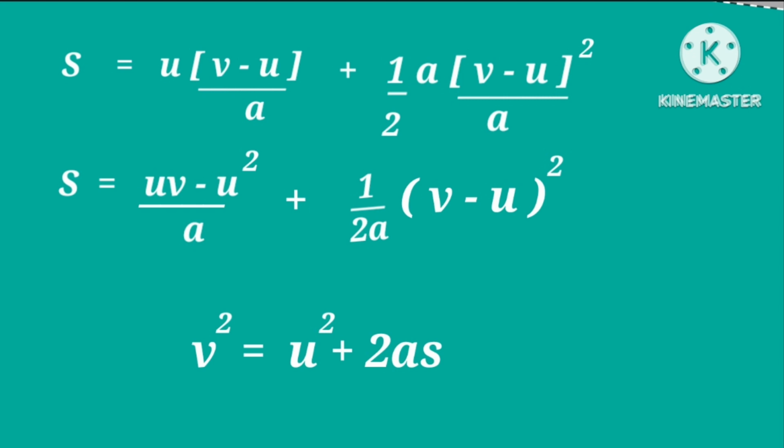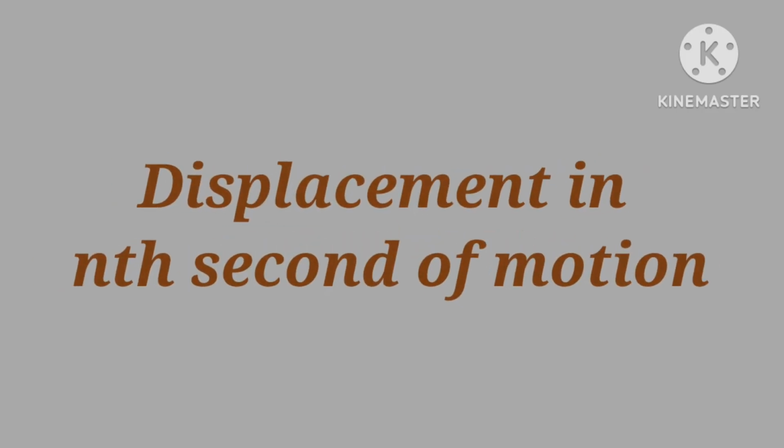Here we applied the formula for v minus u whole square, which is v square plus u square minus 2uv. By further solving this equation, we have 2as is equal to v square minus u square. From here, v square is equal to u square plus 2as. This is our required equation, and this equation is known as the velocity-displacement relation.